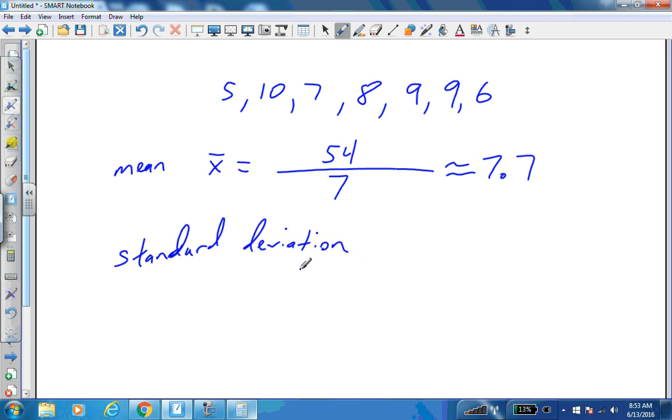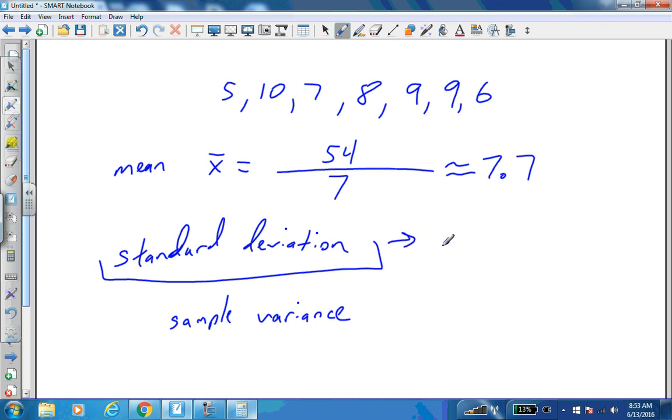And what we actually calculate first, before we get the standard deviation, is known as the sample variance. And we're going to use the symbol S to stand for standard deviation. The sample variance is S squared. And it turns out we actually find S squared before we find S.